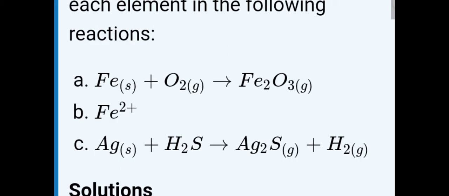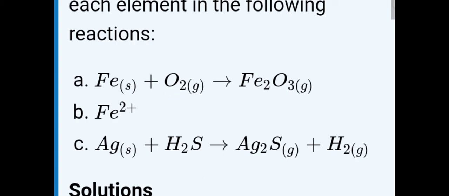Number B, Fe2+. How much is the oxidation state? That is +2. Number C, Ag, solid, means no charge, 0 charge. H2S collectively has no charge, but sulfur is in group 6, or 16, so it has charge -2.